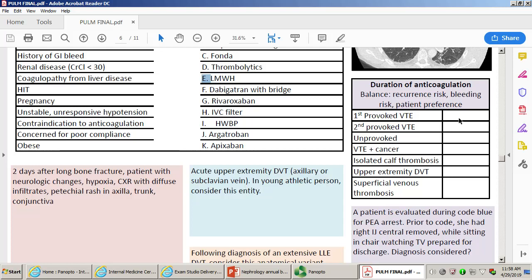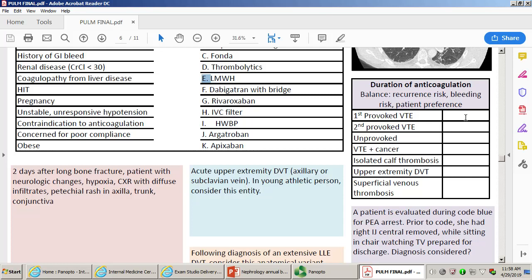Duration of therapy. If somebody has their first provoked clot, how long do they take therapy for? 3 months. First clot provoked, 3 months.